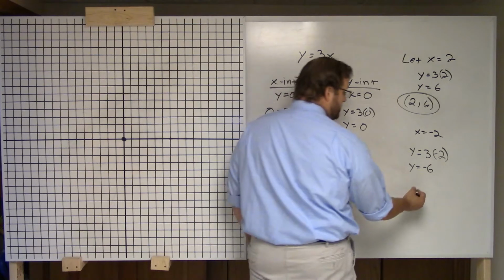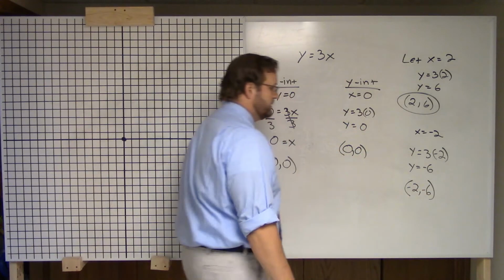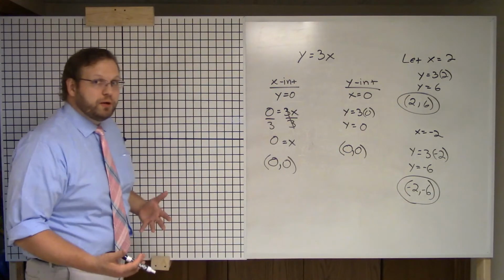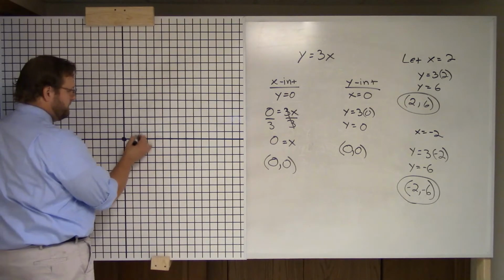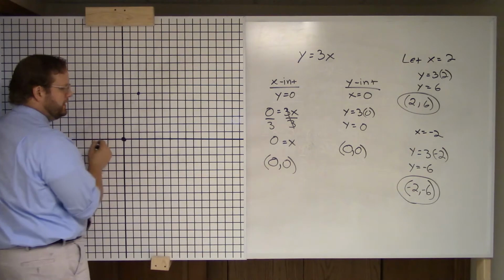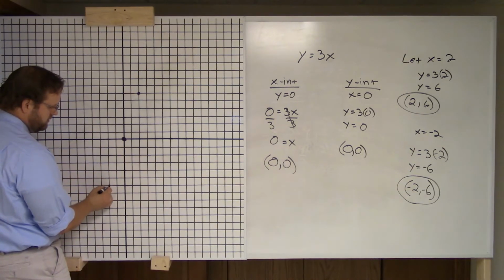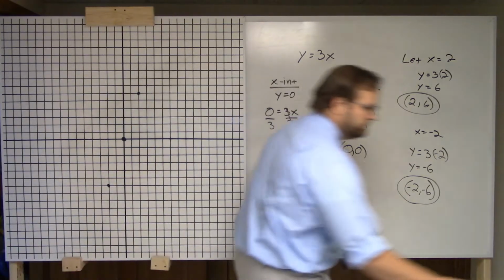So that gives me -2, -6. Okay, and now I'm going to have the 3 points I was looking for. So I go 2, 6. And I go -2, -6. Connect those dots, and I'm good to go.